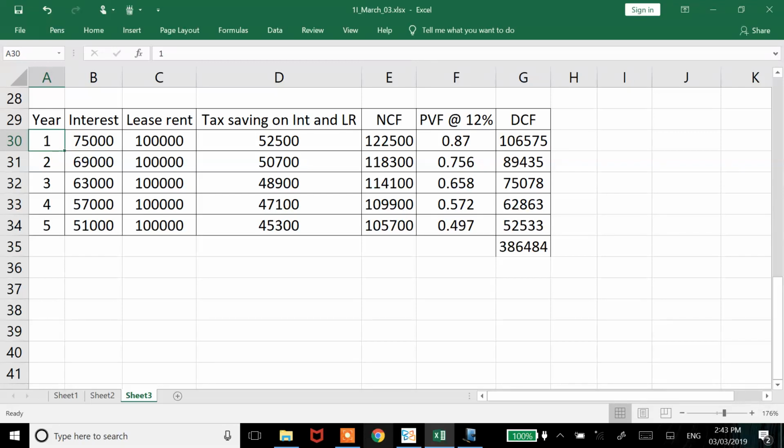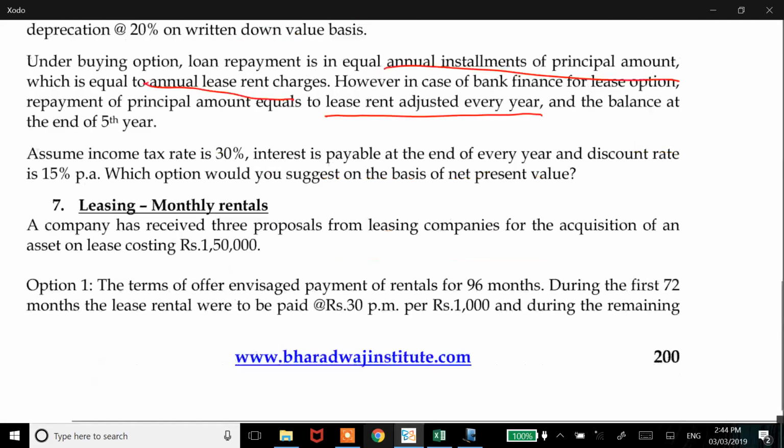Clear? Any doubts on this? Go through the 7th question.